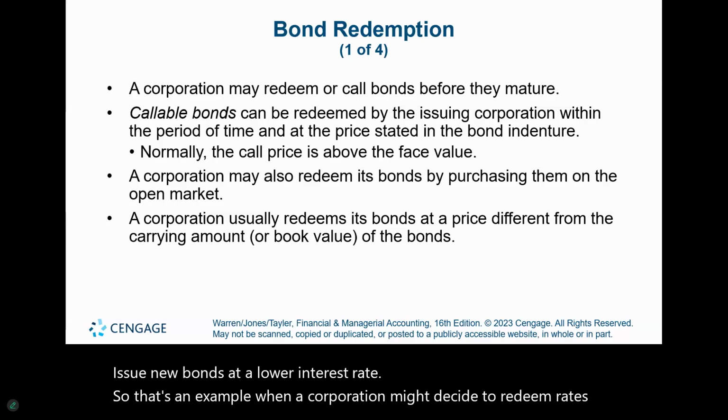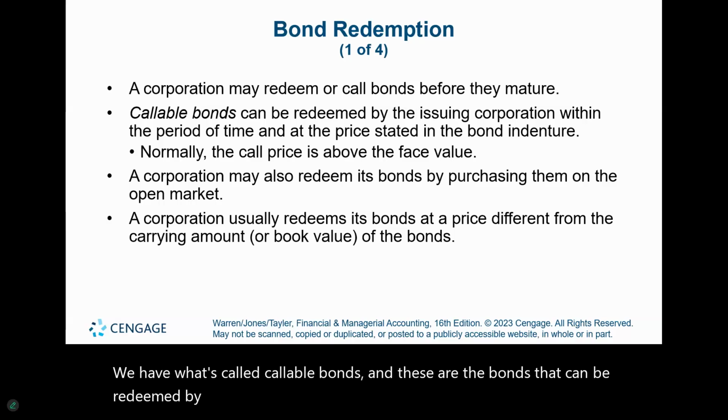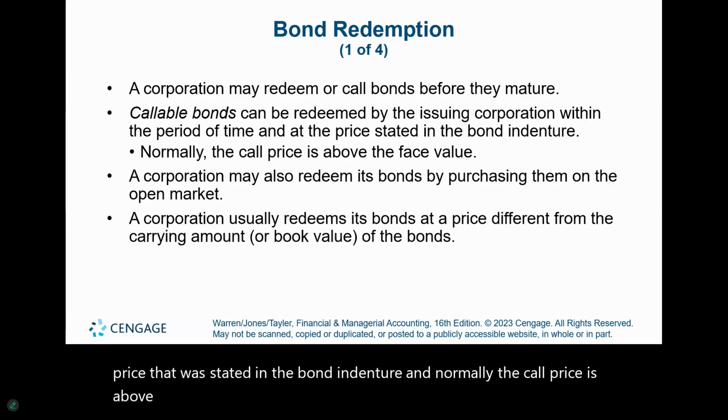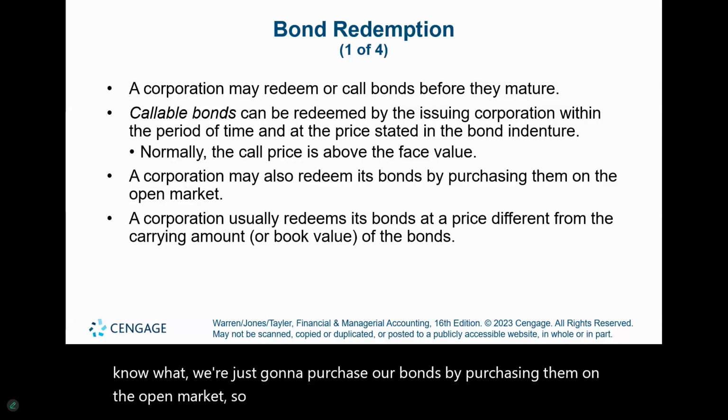So that's an example of when a corporation might decide to redeem bonds. We have what's called callable bonds, and these are bonds that can be redeemed by the issuing corporation within the period of time and at the price that was stated in the bond indenture. Normally the call price is above the face value. A corporation might also decide to purchase its bonds on the open market, similar to treasury stock.